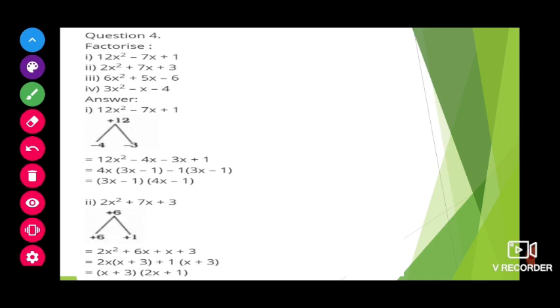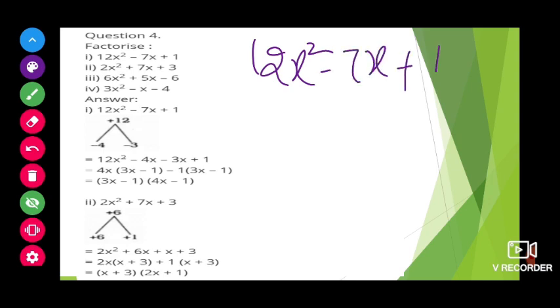Now children, factorize. Now they are asking us to factorize. As I told you already, we are going to use the splitting the middle term. The first expression is 12 x square minus 7x plus 1. If I multiply these two, we will get 12.